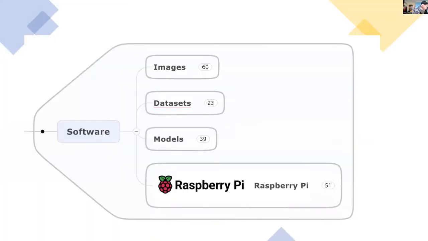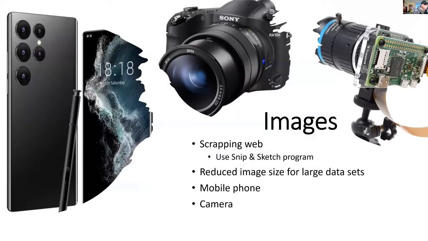Okay, so we'll talk about the images that you collect, the data set, the model, and how we set up our Raspberry Pi. So to get the images, there's a few ways of doing it. One is that we can collect our own images by scraping images from the web using a snip and stretch program.